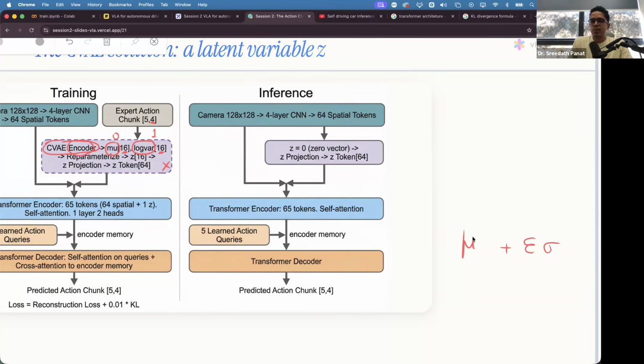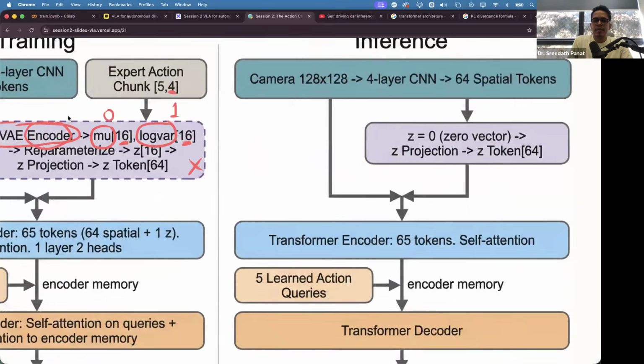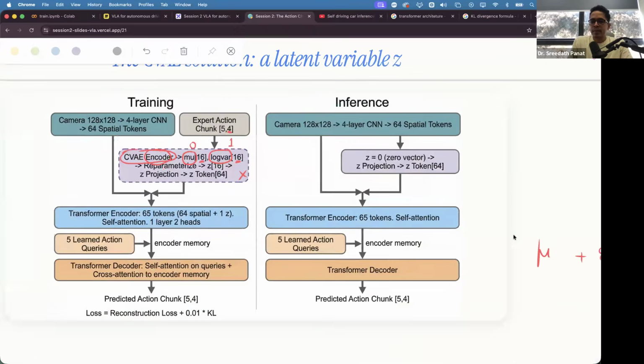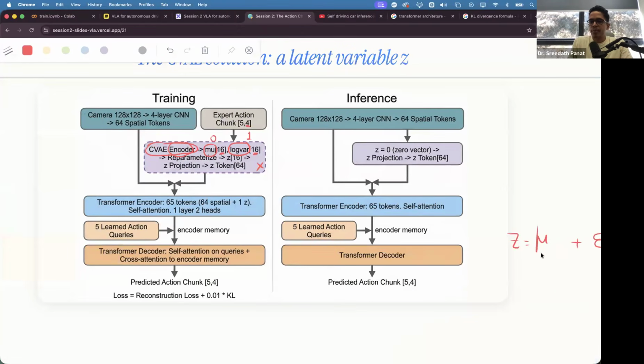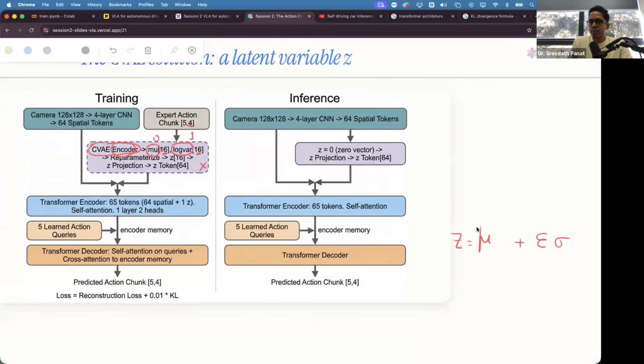Now we say that the new parameter which this variational autoencoder predicts in the latent space, Z, is equal to mu plus epsilon times sigma. Mu is predicted by the encoder, sigma is predicted by the encoder, epsilon is a random number. So this is equivalent to randomly sampling from a distribution whose mu we are trying to force to be 0, whose sigma we are trying to force to be 1, and we are sampling a Z whose dimensionality is also 16 from this mu, sigma distribution.